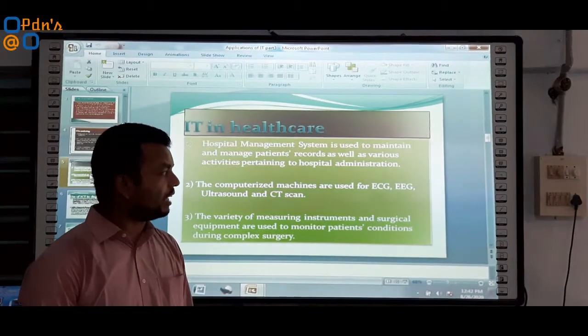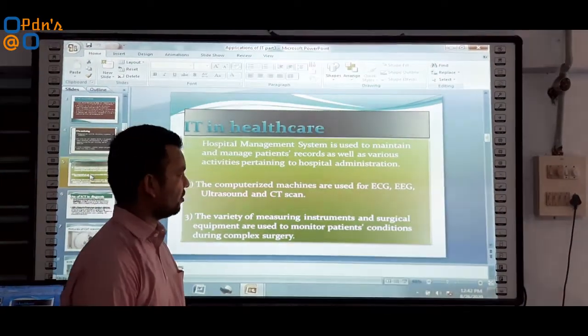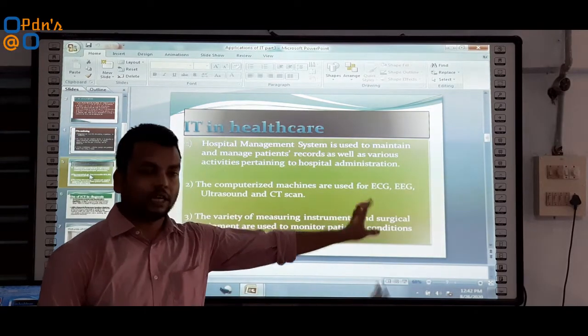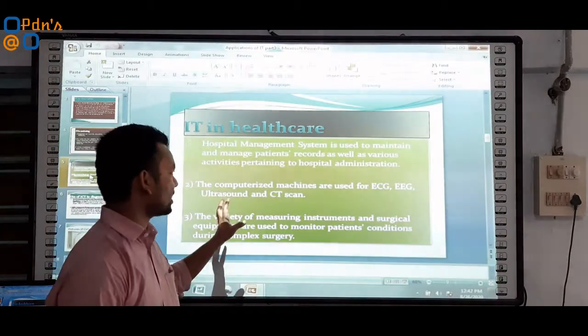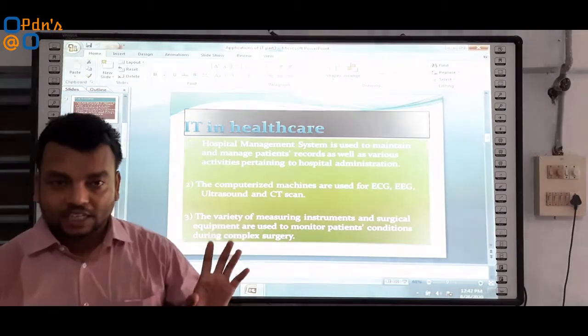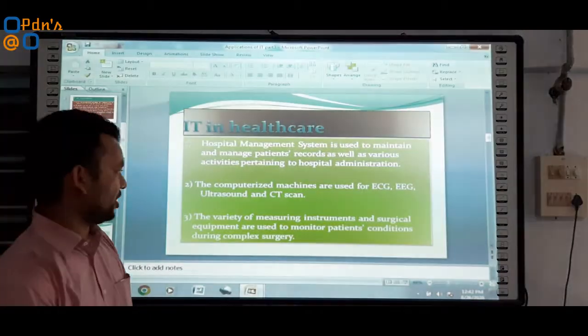These things can be achieved by means of a few devices, for example, electrocardiogram, electroencephalogram, ultrasound and CT scan. All those tasks are generally done by means of computerized machines.